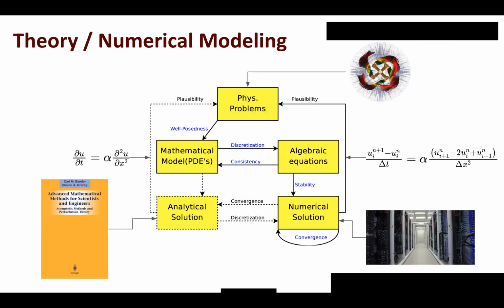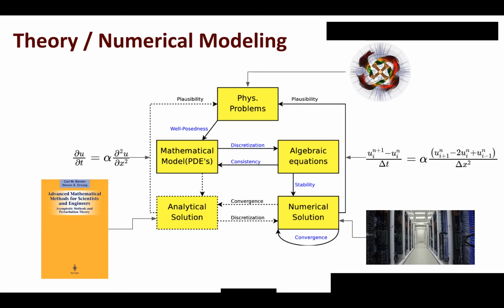So traditionally, you start with your physical problem. At the very top, you make observations and you build up your models. If you're already familiar with your field, you know which equation to use. And then you do the discretization, and then you write down either C code or Fortran code or Python code.